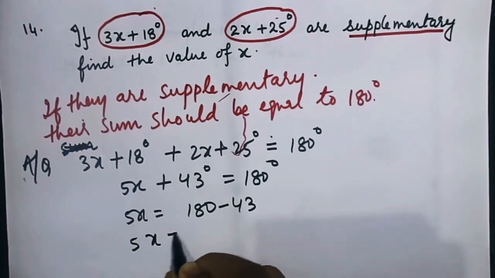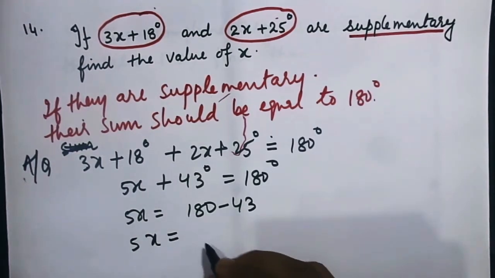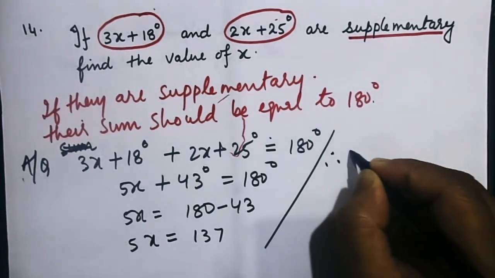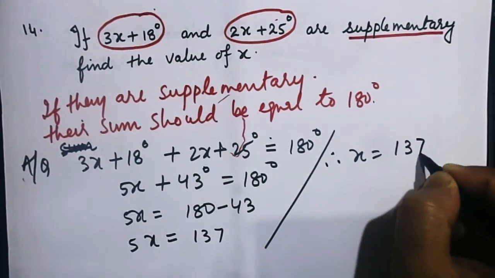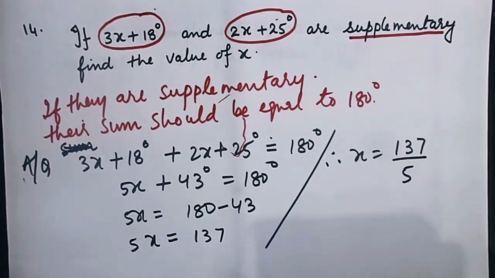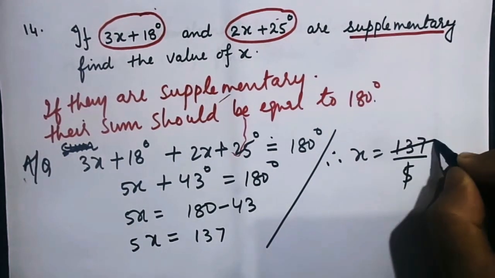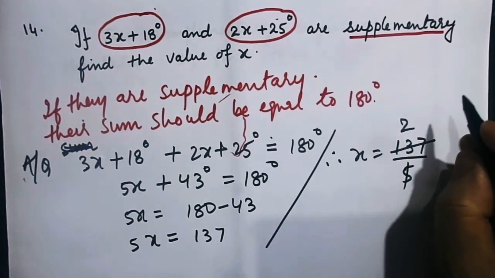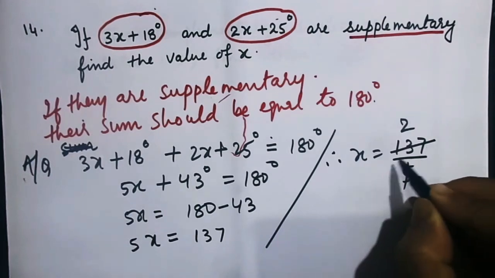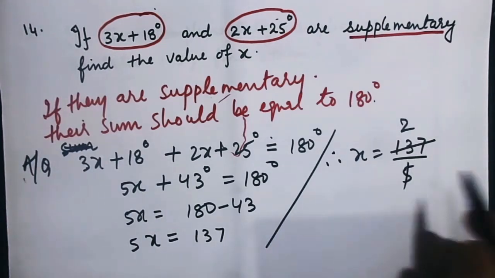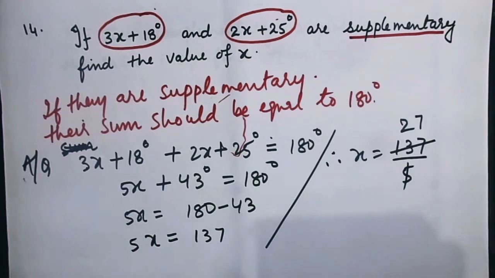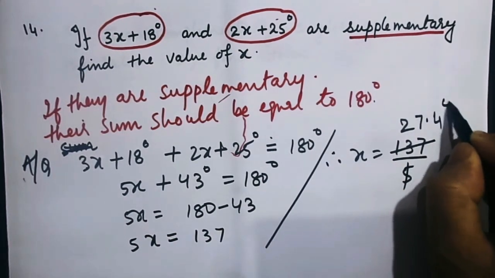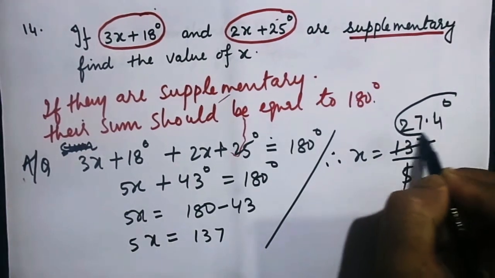So 5x will be equal to 137. Therefore x will be equal to 137 by 5. 5 7s are 35, 5 4 times, so 27.4 degree.